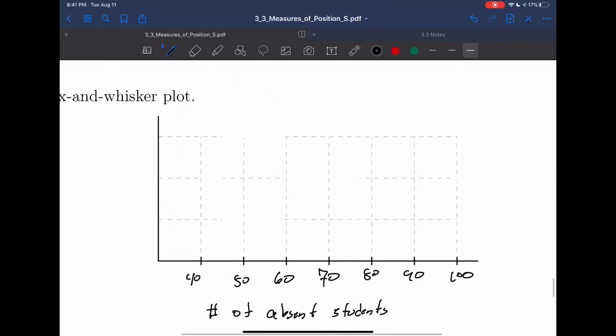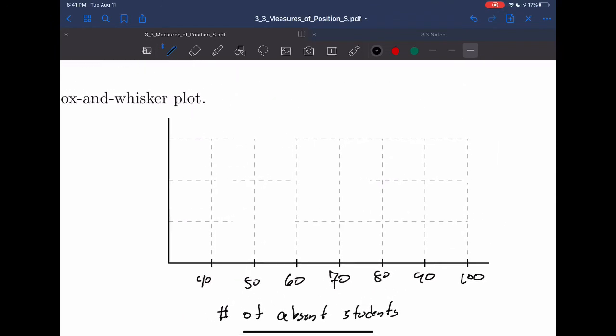Okay, so now it's time to draw our box and whisker plot. We want to draw a box between our first quartile and our third quartile. The first quartile was 45, so I'm going to put a line here at 45, and our third quartile was 59, so I'm going to draw a line here at 59, and connect them to make a box.